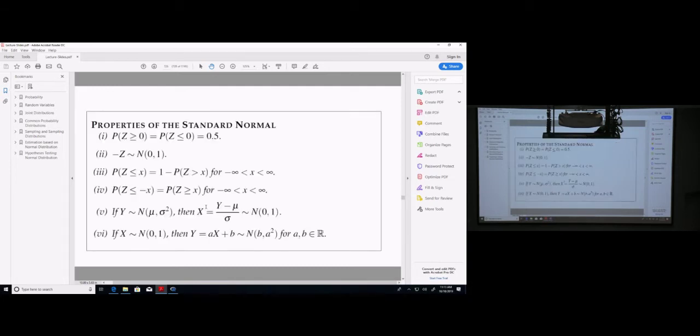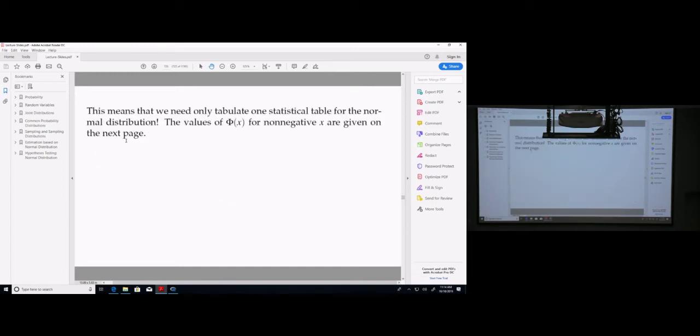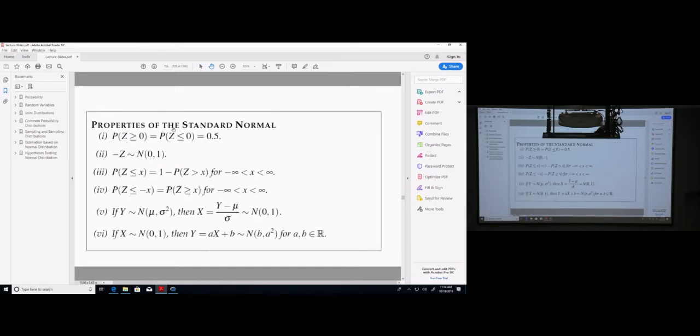And there are other properties of the standard normal. Because of symmetry, bigger than 0 is the same as less than or equal to 0. I think we haven't introduced the term standard normal yet, so let me introduce it. First of all, it has to be a normal distribution, and the mean is 0 and the standard deviation is 1.